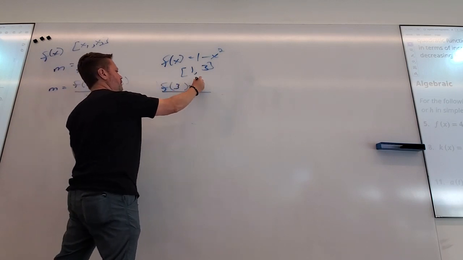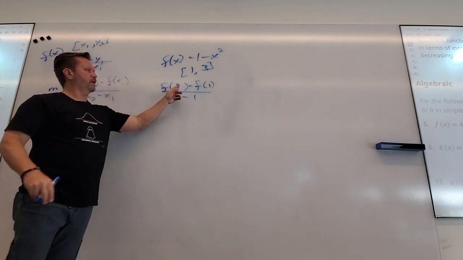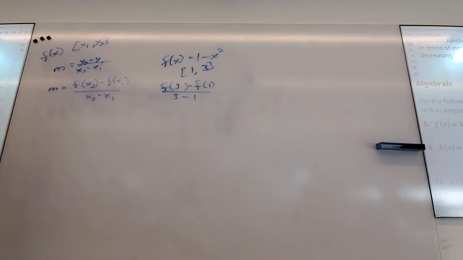And what's x1? 1. It's y2 minus y1 over x2 minus x1, still the same exact formula. So we have some curvy function, and we're just asking what the straight line slope is between these two points. That's all it's doing, because that is how much I actually changed.